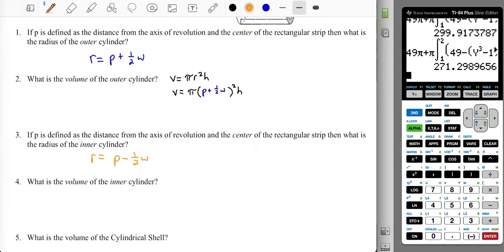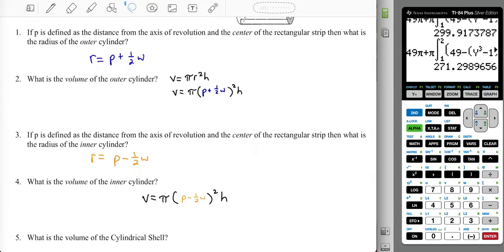The volume is going to be pi times P minus 1/2 W squared, times h.